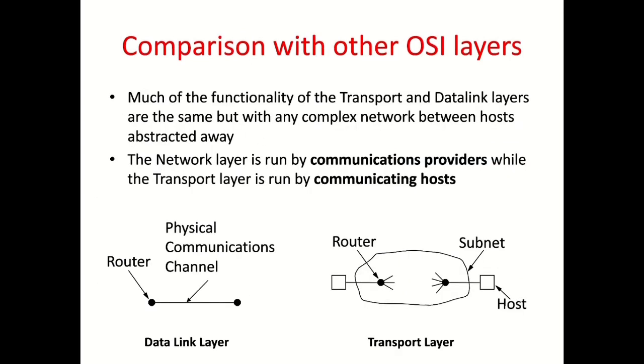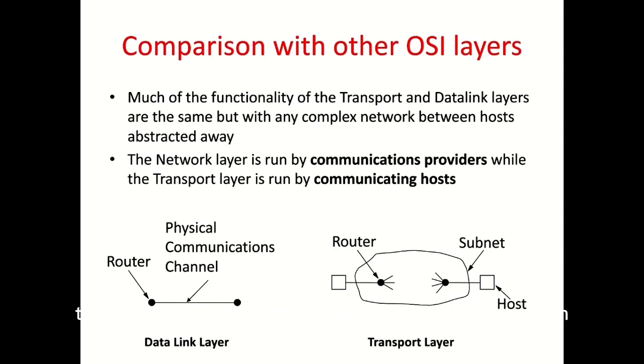So comparing the transport layer with the other layers of the OSI stack, it has a lot of the same functionalities as the data link layer. We're sort of extracting away all the intermediary nodes, just start and end, which is good. But while the network layer and the layers underneath are run by communications providers and automated processes with packet forwarding between routers, the transport layer is run by communication between two hosts, right?